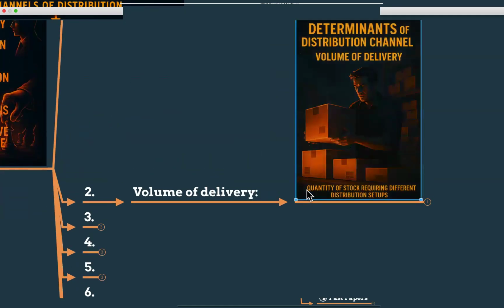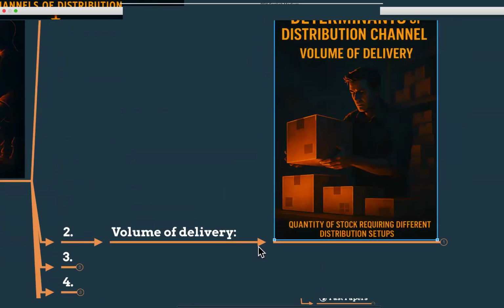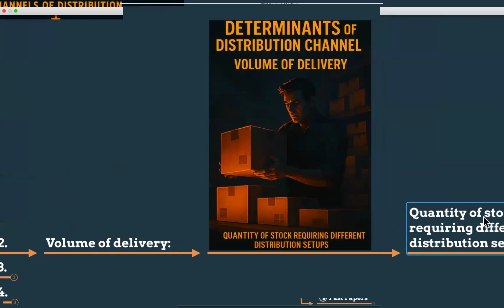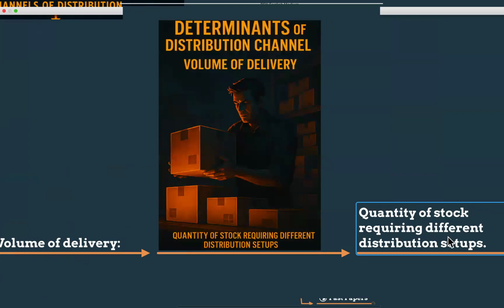Volume of delivery means the quantity affects the distribution choice, right? The quantity of stock requires different distribution setups.